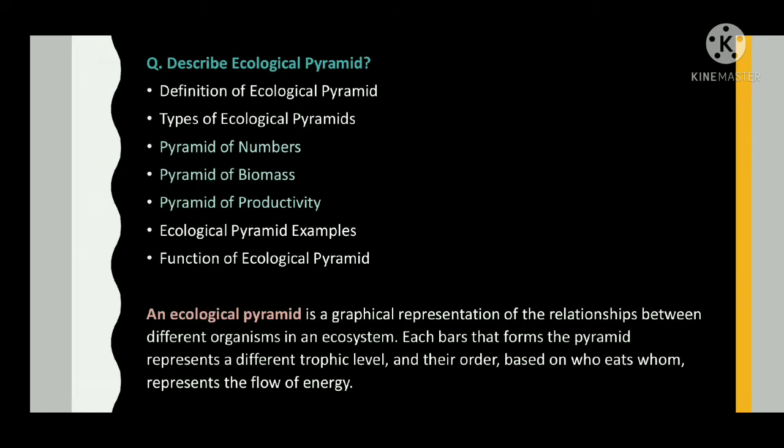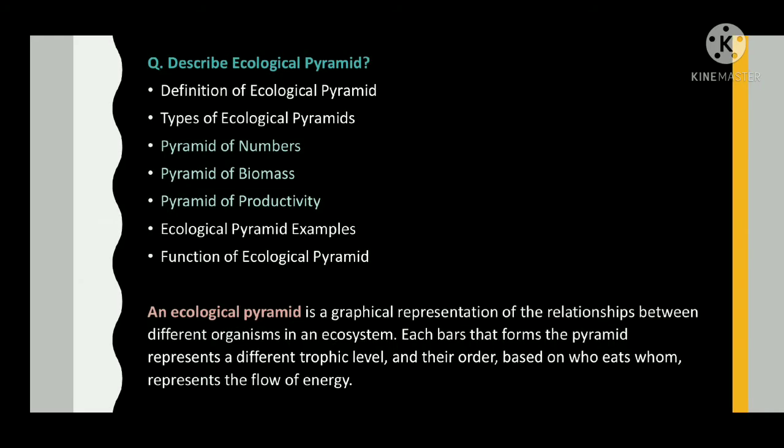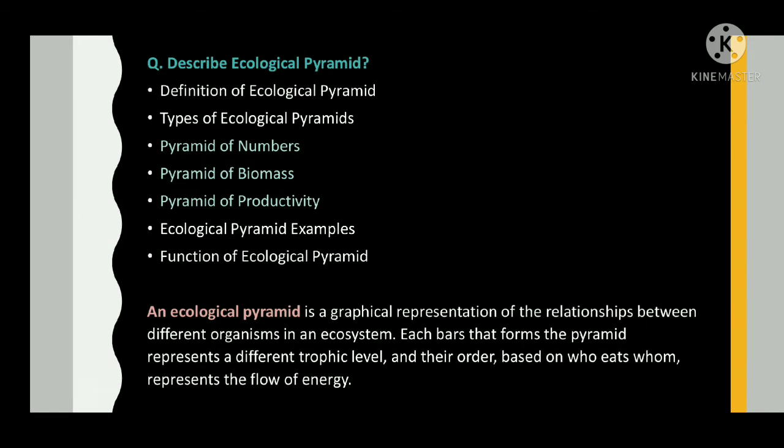Each bar that forms the pyramid represents a different trophic level, and their order based on who eats whom represents the flow of energy.